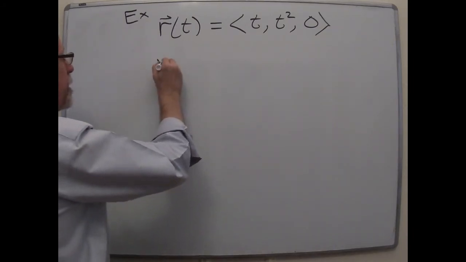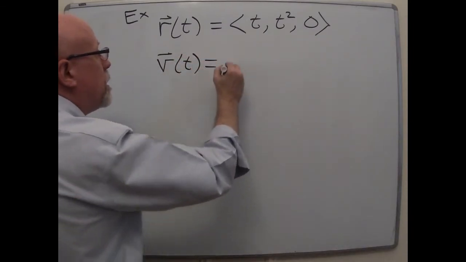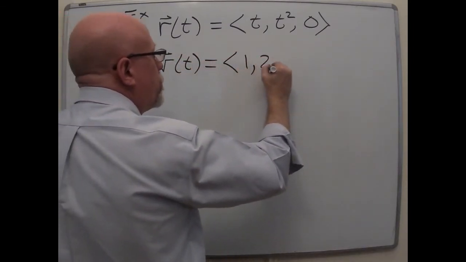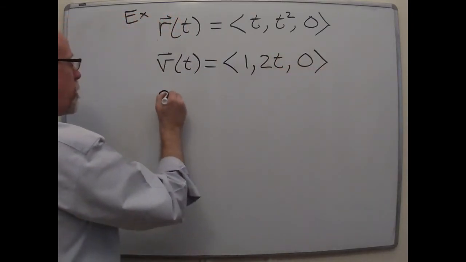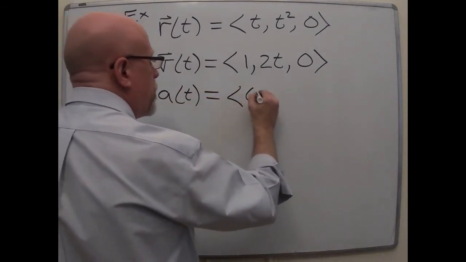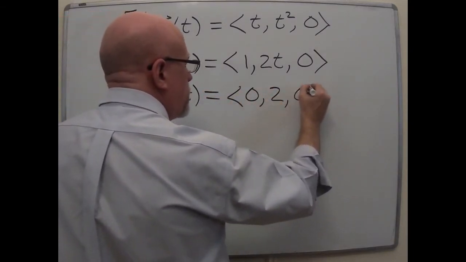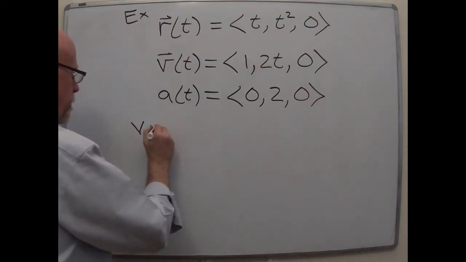Velocity along this curve is 1, 2t, 0, just taking derivatives, and acceleration along that curve is 0, 2, 0. Let's figure out what v cross a is.